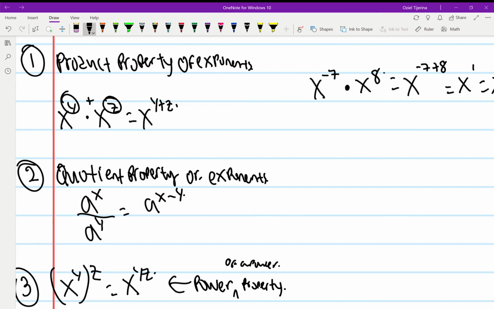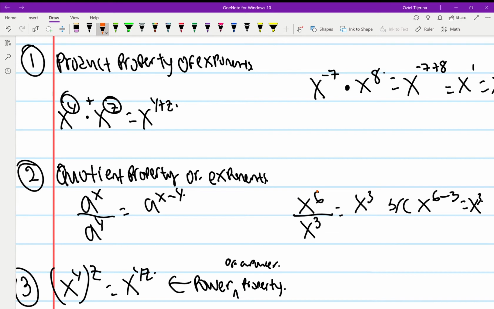So for example, if you have x to the 6 over x cubed, be careful, this is not x squared. Be very careful. It's x cubed, because x to the 6 minus 3 equals x cubed, okay?